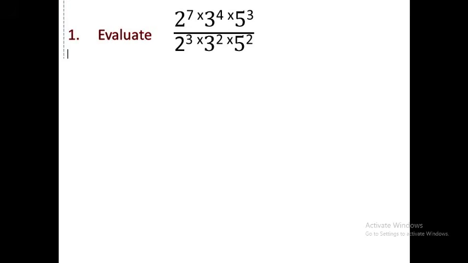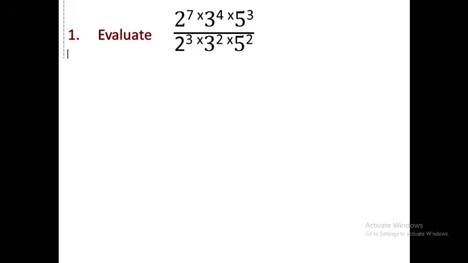It says that, evaluate 2 exponent 7 times 3 exponent 4 times 5 exponent 3, all over 2 exponent 3 times 3 exponent 2 times 5 exponent 2.